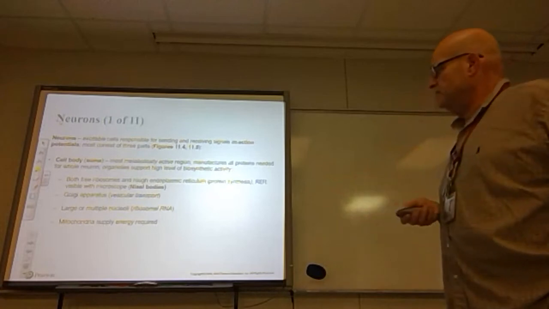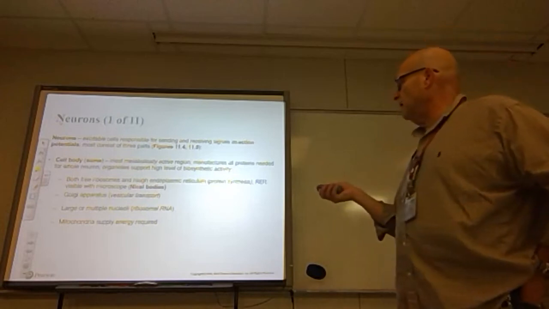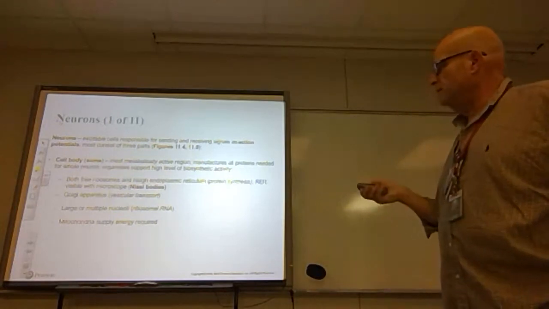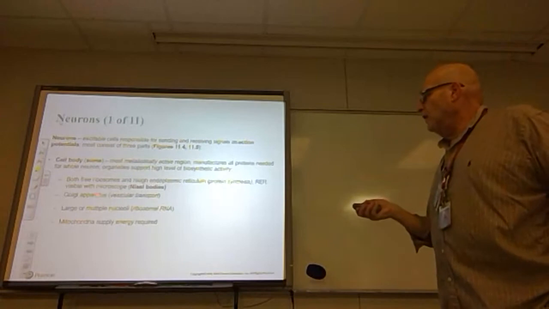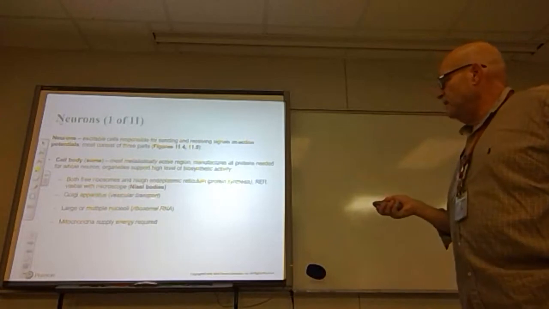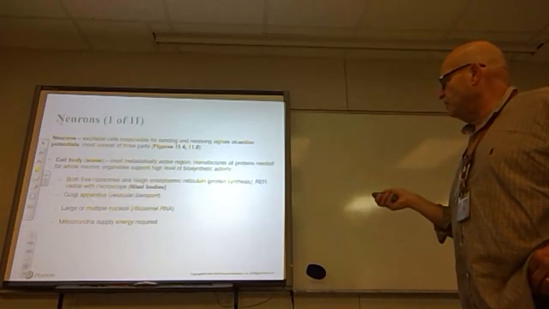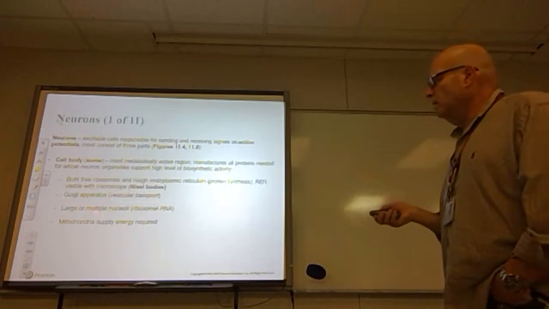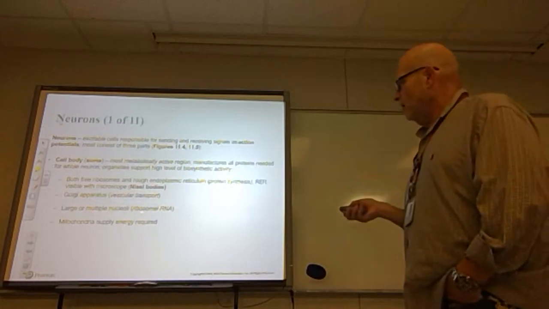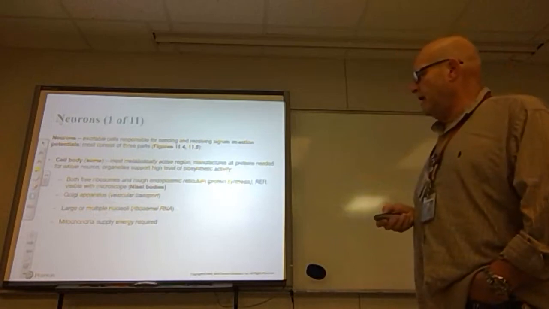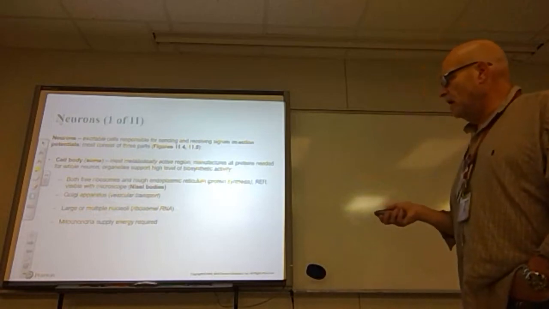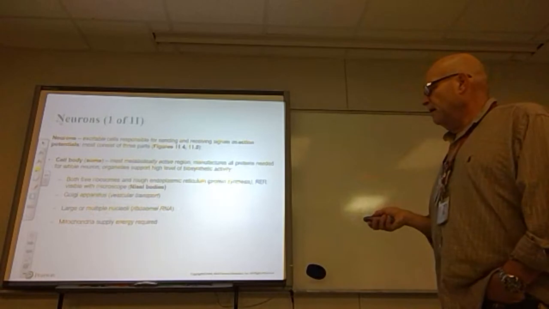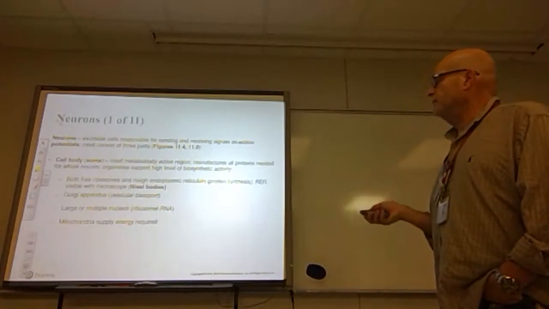And the rough endoplasmic reticulum is visible microscopically in structures which we call Nissl bodies. There is a Golgi apparatus, which is there for vesicular transport of these proteins. Large and or multiple nuclei containing ribosomal RNA, and mitochondria, which supply energy that is required for these cells to function.